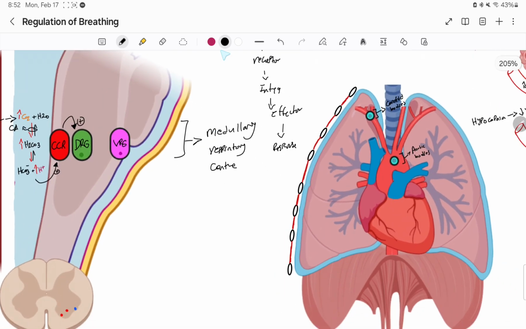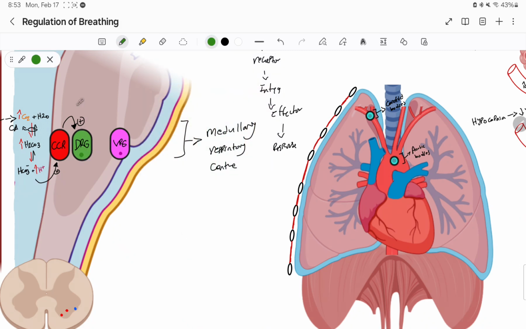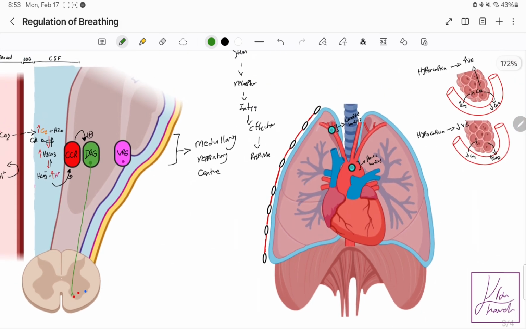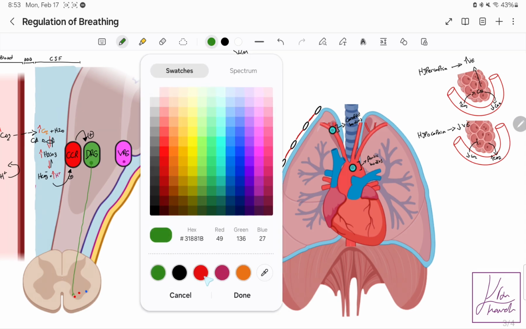And then the DRG has these neurons within it. If you guys remember from the start of the video, I said that the DRG has these inspiratory neurons in it. These inspiratory neurons will go all the way down to the level of the spinal cord. They will synapse on these other neurons in the spinal cord. These other neurons in the spinal cord, they're called motor neurons.